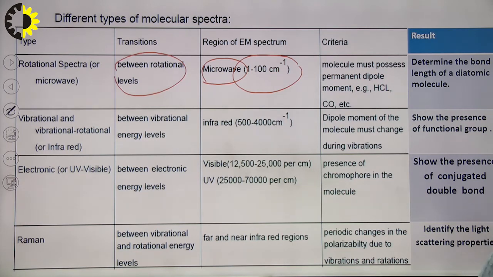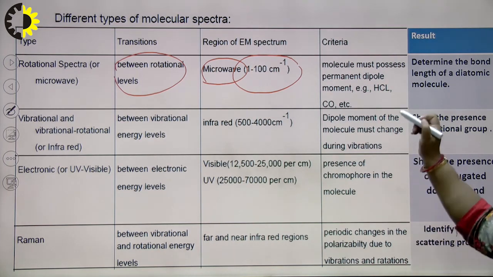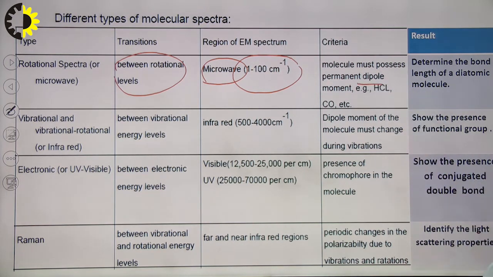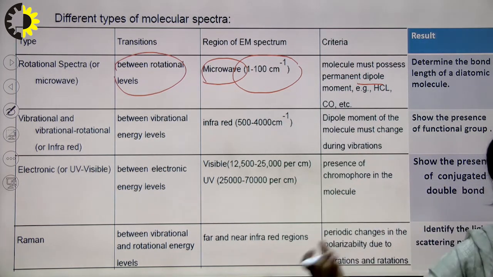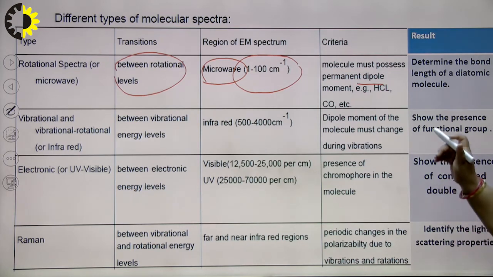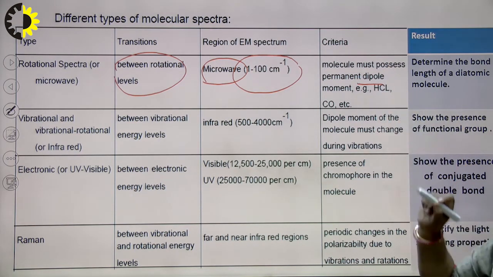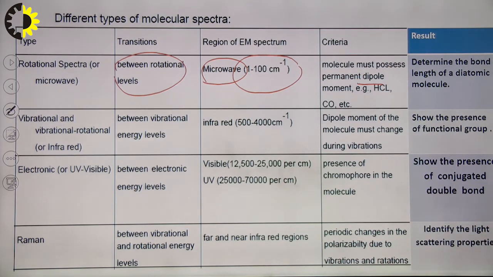There is a limiting condition: to get the rotational spectra, the molecule must have a permanent dipole moment. This is basically a rough glance, an introduction part where we can get some idea of what points we will discuss in detail.